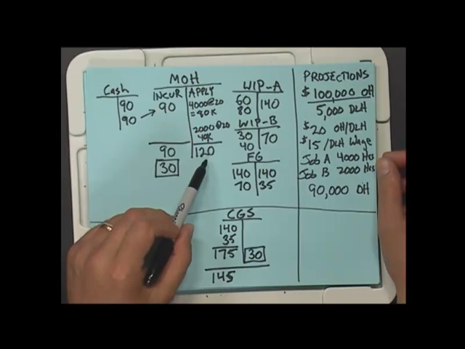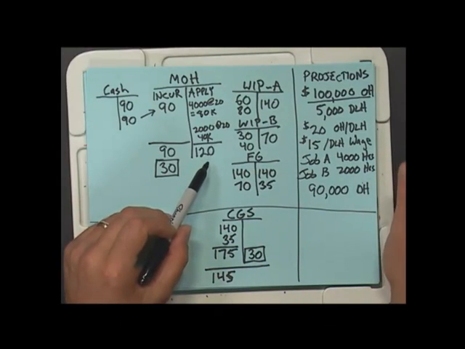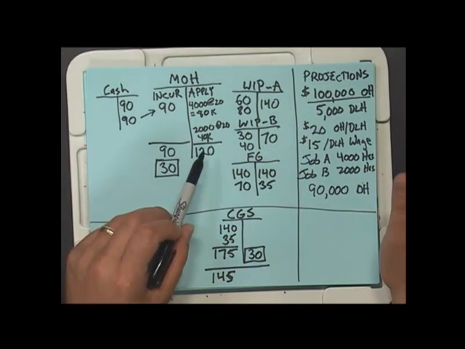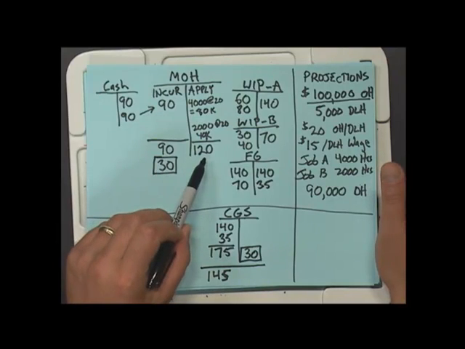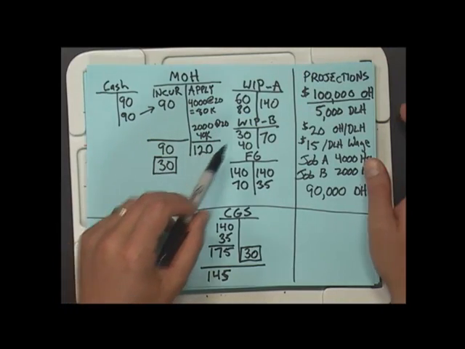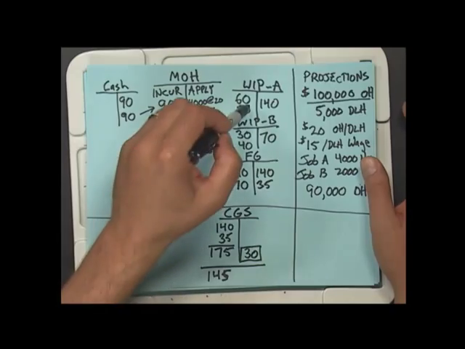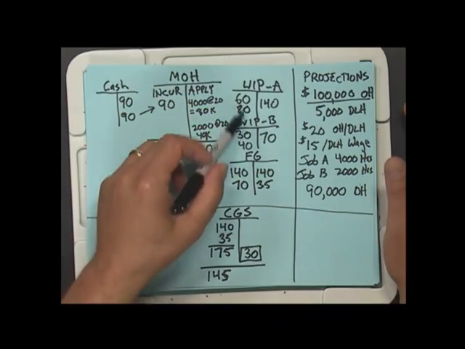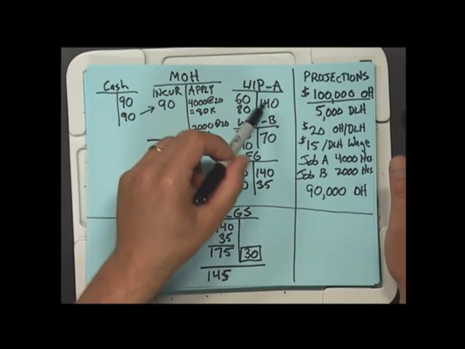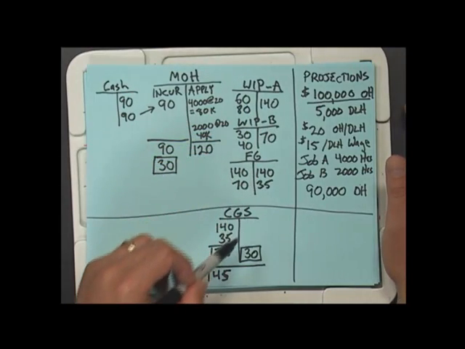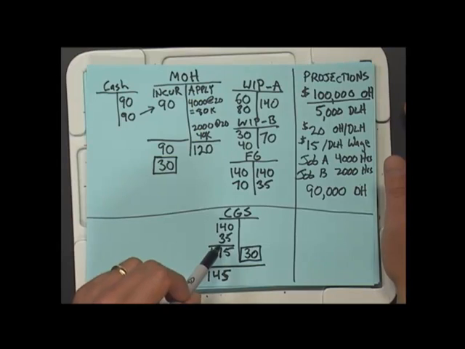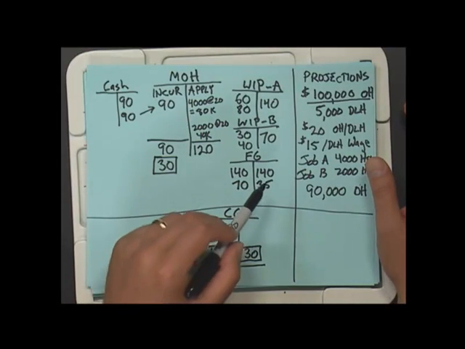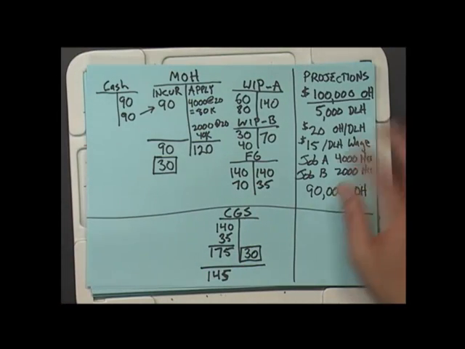In this case, our estimation errors caused us to apply more than we incurred, which means that we applied too many dollars to our contracts. And eventually, actually, most of that has already made its way into cost of goods sold. There's a little left over in finished goods.